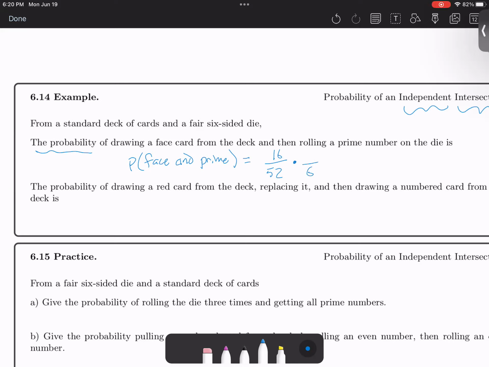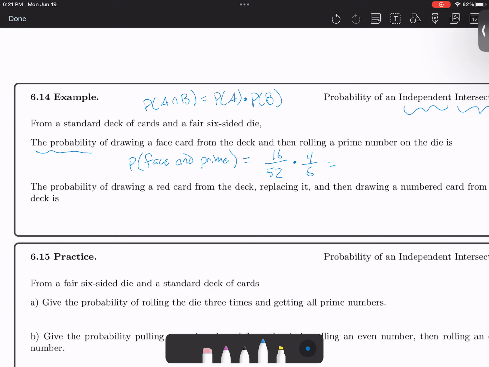There's 6. And how many of those are prime numbers? We'll count 1, 2, 3, 5. So there's 4. So remember, the probability of an intersection, if you need A and B to happen, is the probability of A times the probability of B. That's what we're using here.